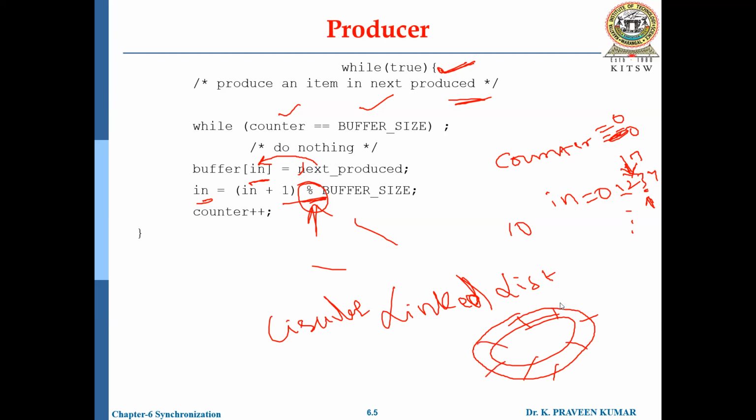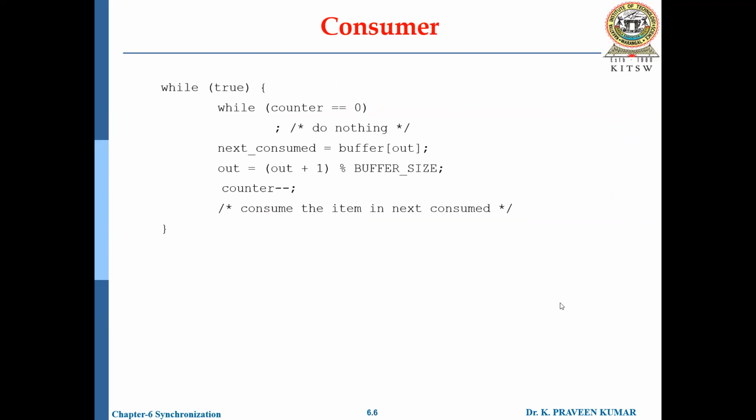Because if it reaches the maximum value, for example 0, 1, 2, 3, 4, 5, 6, 7, if we use modulo division in plus 1, then whenever it reaches the top position, it will come back to the 0 position. Then you are incrementing the counter. Initially the counter is 0, and now you are incrementing the counter. So this is the code for the producer side. When you go to the consumer side, it is the same: while true. That means your consumer is ready to consume.